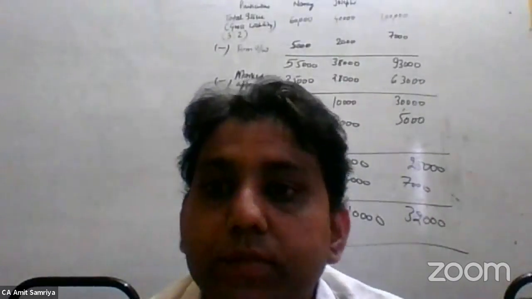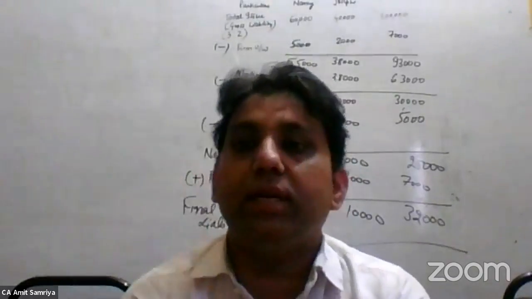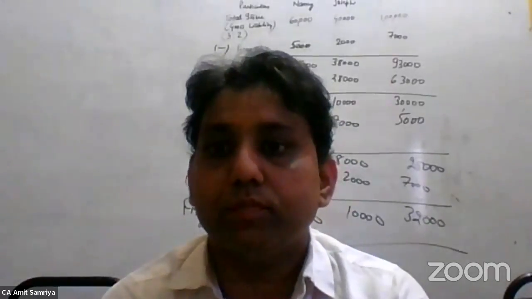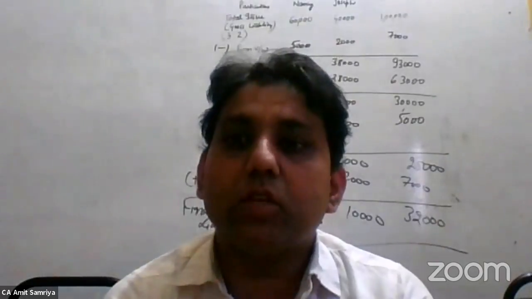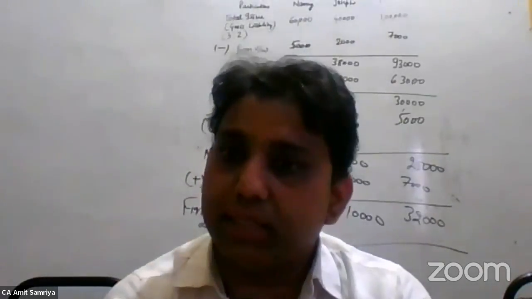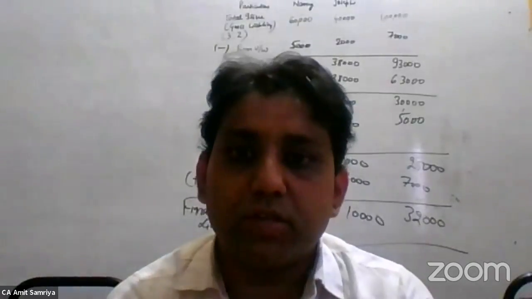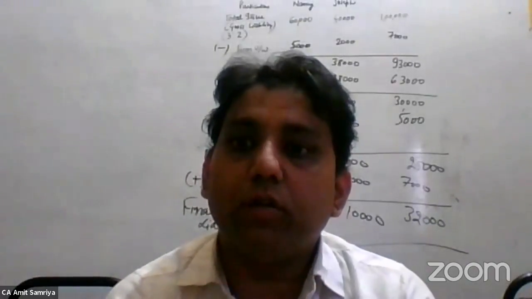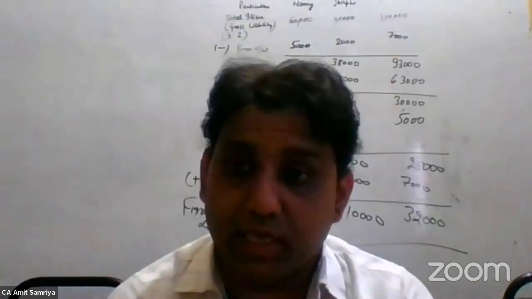Now students, we will discuss accounting standards in today's lecture. Accounting standard 1 is disclosure of accounting policies. While preparing financial statements, an auditor should follow the accounting standard and disclose all the accounting policies.